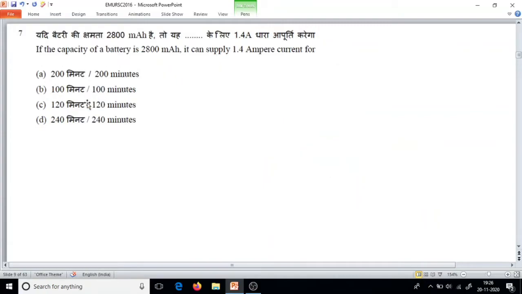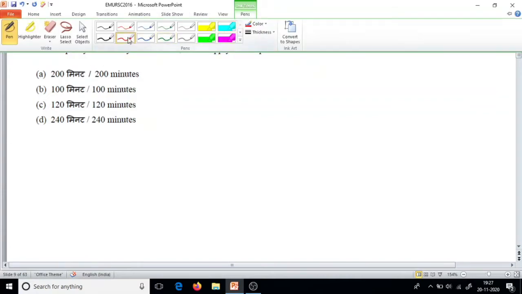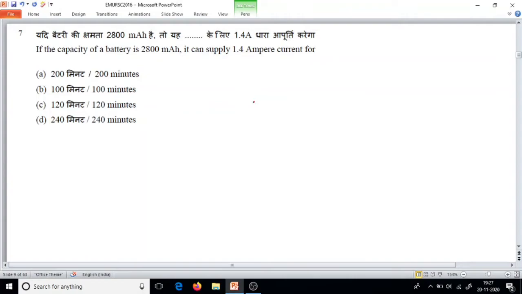Question number 7. If the capacity of a battery is 2800 mAh, it can supply 1.4 ampere current for. The capacity of the battery is given as 2800 mAh.